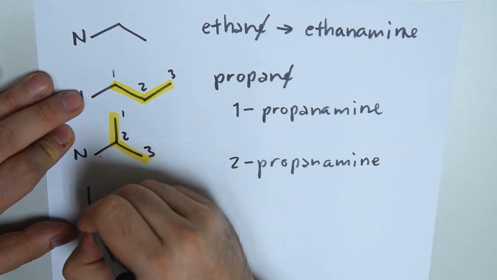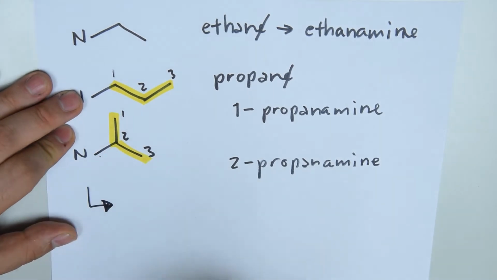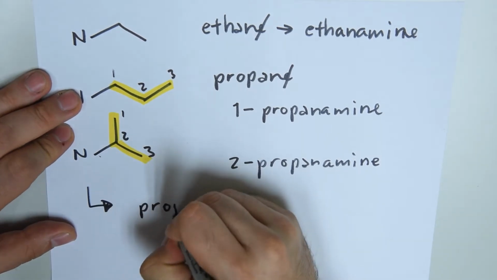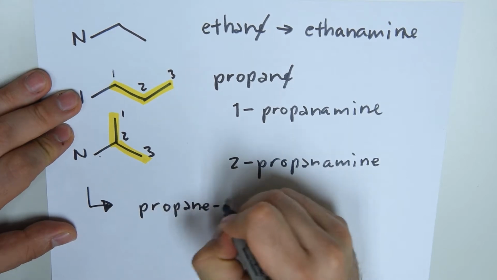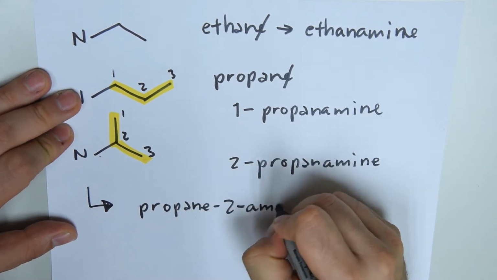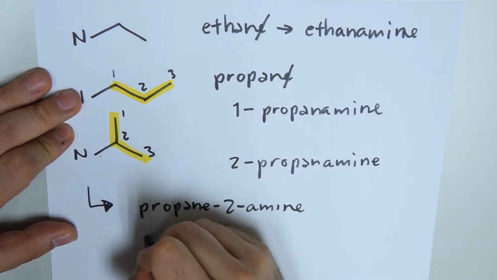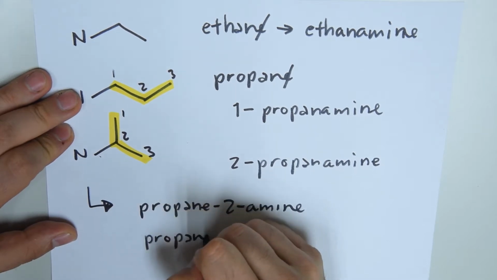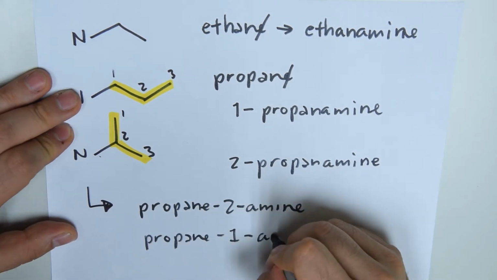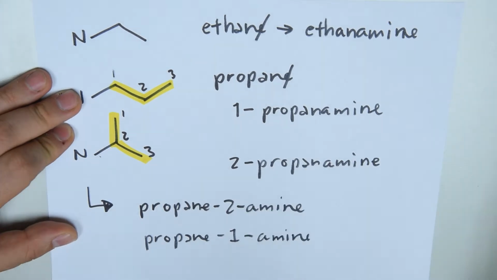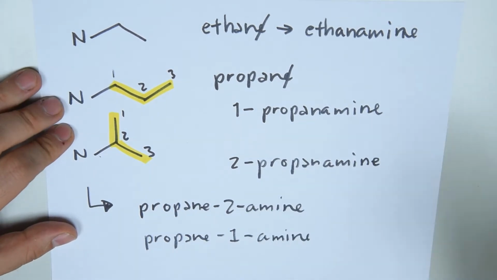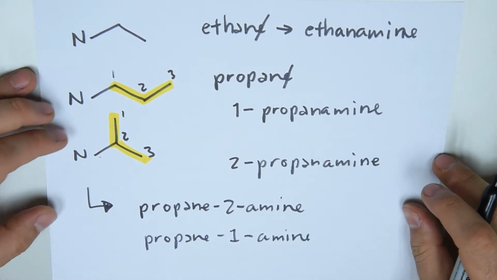Just like in alcohols, an alternate naming style in IUPAC can be used, which is propane-2-amine, or propane-1-amine. So remember to ask your teacher which is the most appropriate method of naming.